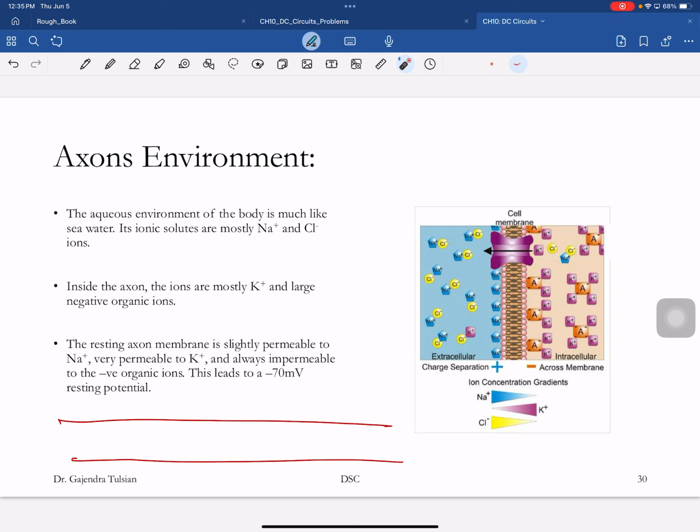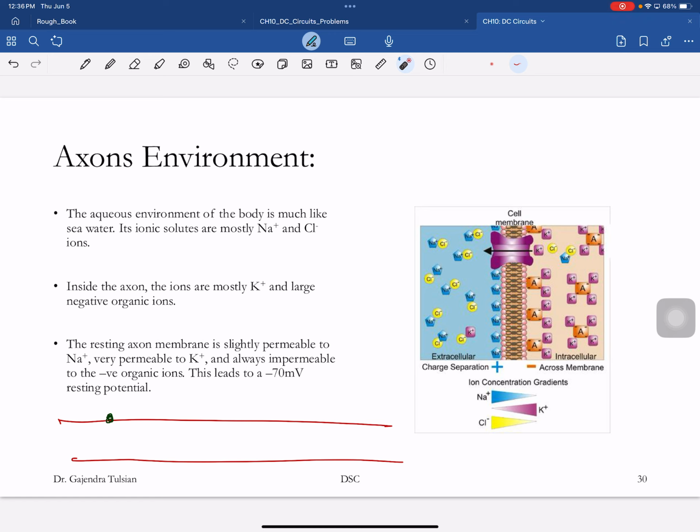Now we're going to do the following. We're going to pinch it or something like that here. We're going to alter the properties of the cell wall at that location, and now it becomes permeable to the sodium ions.